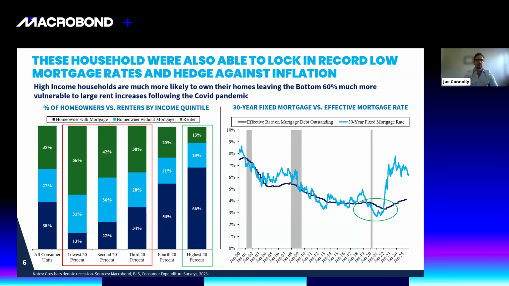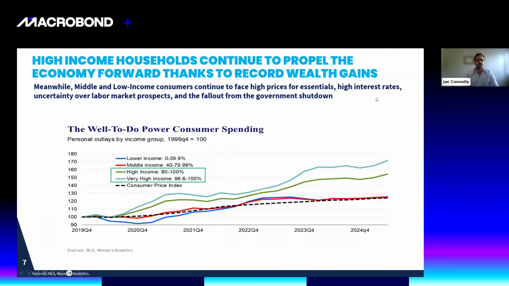And so that's those green bars on the left. And so this has left these households vulnerable to large rent increases that we experienced during the COVID pandemic, while the top 20% were effectively hedged against this rise in rent inflation because they had locked in these low mortgage rates. And as Leo showed in the previous section, right, this is all translating into record high consumer spending being driven by the top 20%.